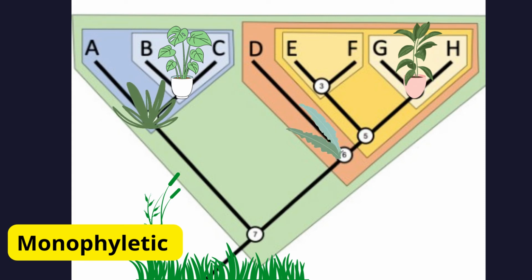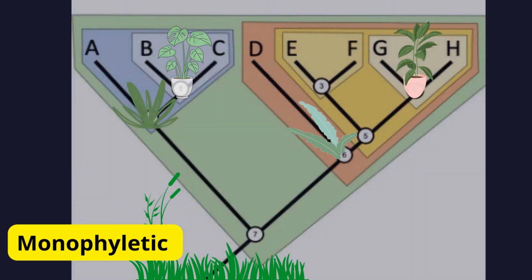A group composed of a collection of organisms including the most recent common ancestor of all those organisms and all the descendants of that ancestor. A monophyletic taxon is also called a clade. They all arise from a common ancestor. Evidence from RNA sequencing also indicates that green algae and plants form a monophyletic lineage.